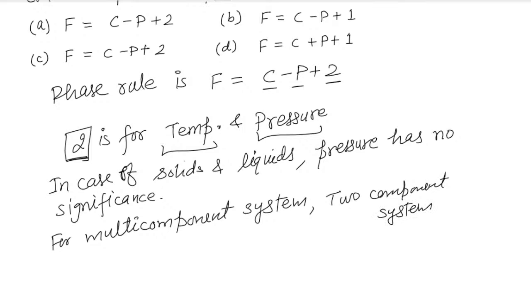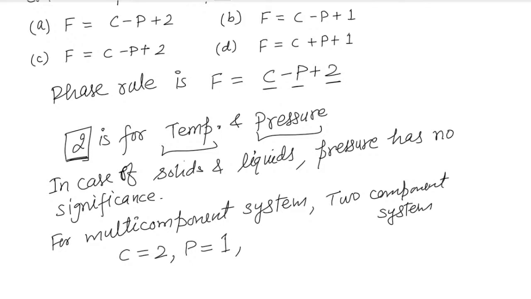That means for a 2 component system, C is 2. So the minimum number of phases for a 2 component system is 1.